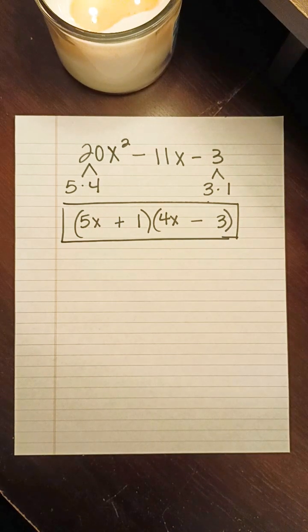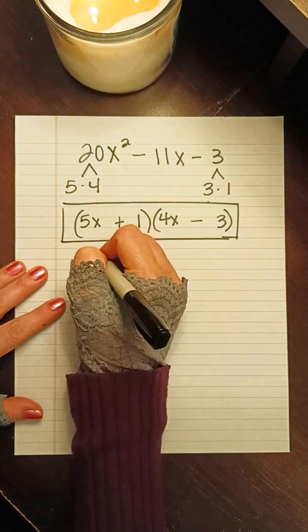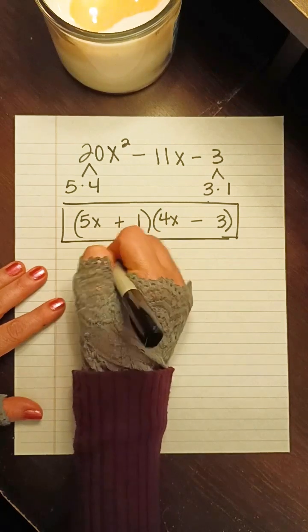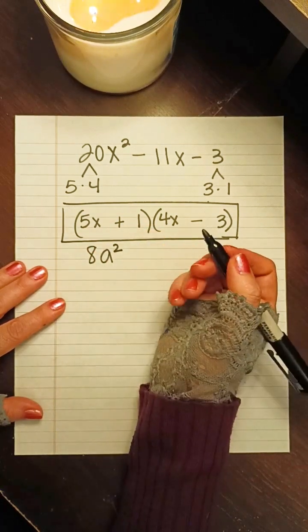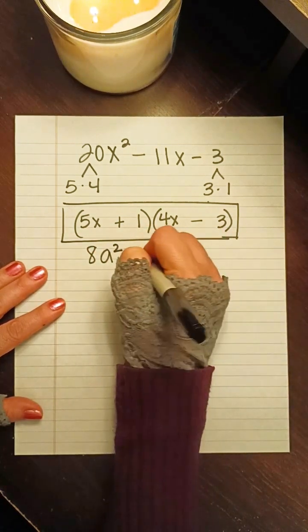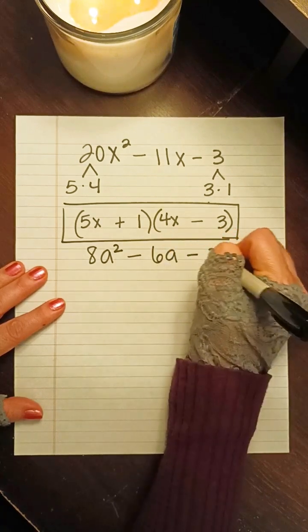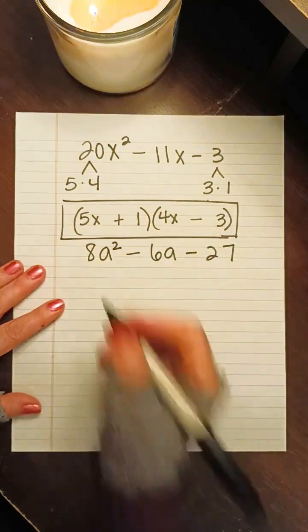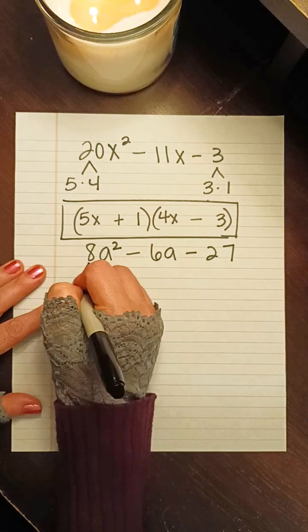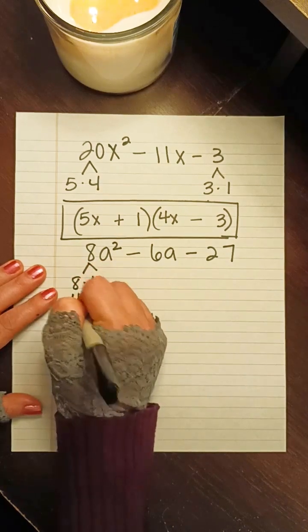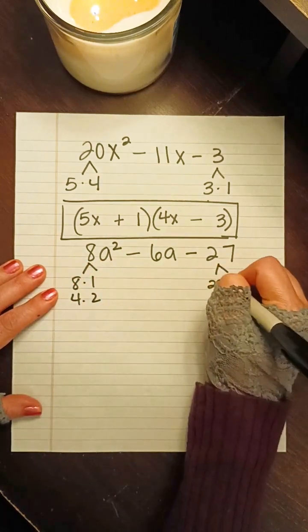Let's do one more. So let's do two more. So let's see, 8a squared minus 6a minus 27. Okay, so numbers that multiply to the 8, and I'll go ahead and list them all out this time. 27.